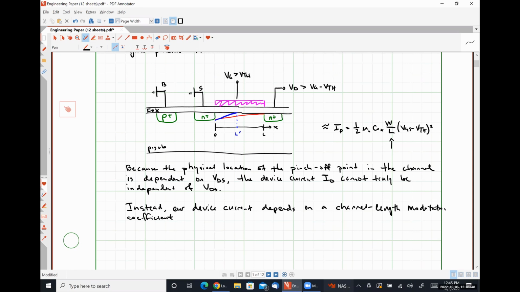To be consistent with the previous classes that I've taught that use this material, we're going to use lambda. And if lambda has units of the inverse of volts, we're dealing with a channel length modulation coefficient.